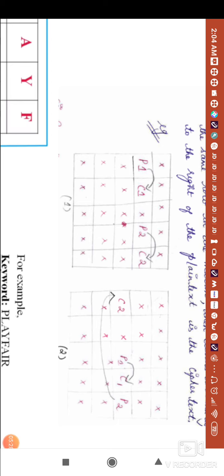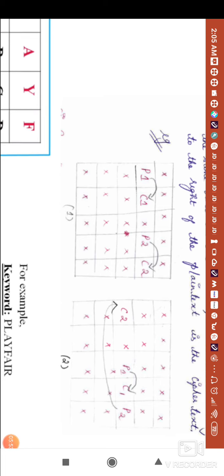Consider the second diagram. Here also P1 and P2 are in the same row. P1 is replaced by its right side letter C1. Since we don't have any right side letter for P2, we assume that the last element in the row circularly follows the first element. So P2 is replaced by C2.